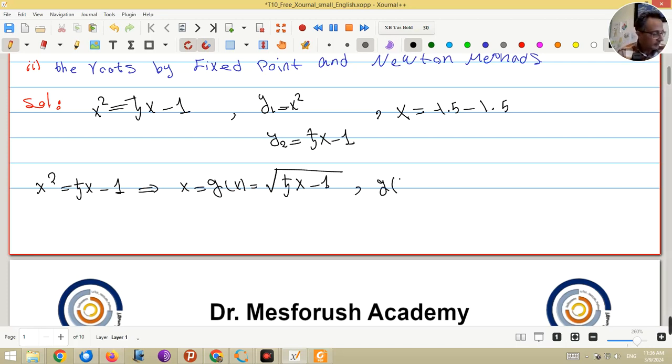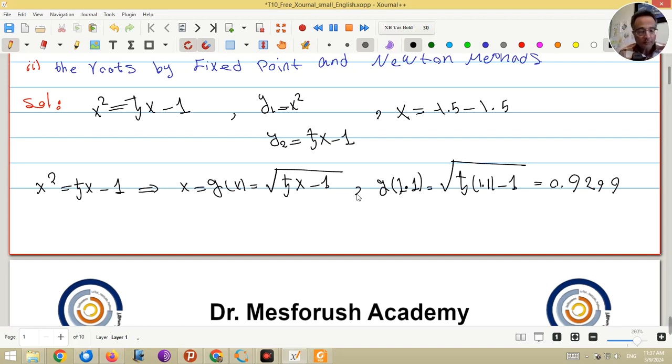Because, for example, if you consider g of 1.1, it will be square root of tangent 1.1 minus 1, and this will be 0.9299. Okay, let me see. Yeah, I'm right.